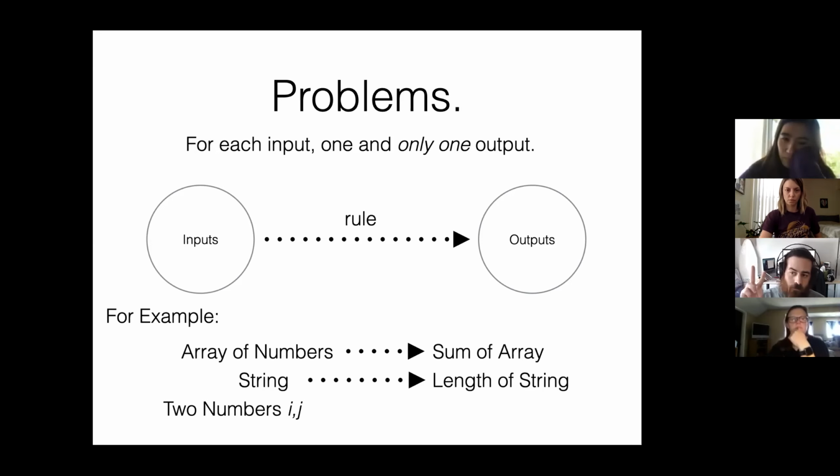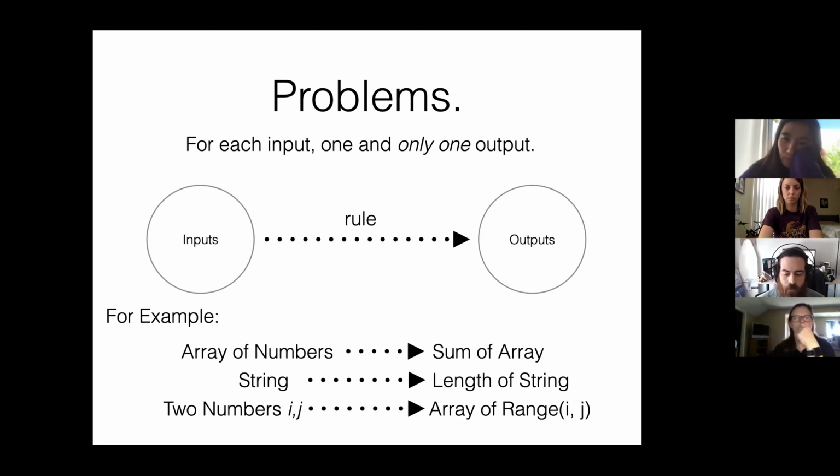We could take two numbers and we could ask for an array that gives you every number between those numbers, right? So that's mapping two numbers over to an array. These are very simple problems, but the reason that I'm using them as an example is because they clearly say, okay, there's this very precise input domain, this precise output domain, and a clear rule that takes inputs to outputs.